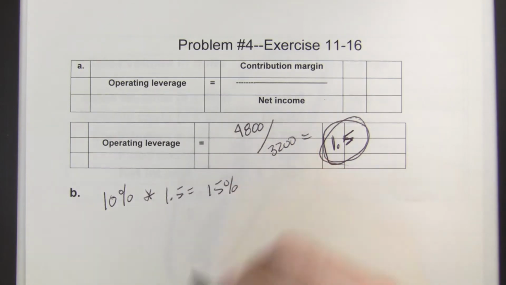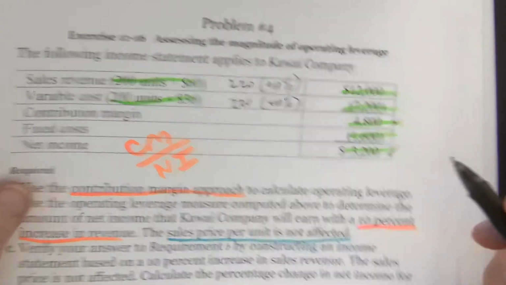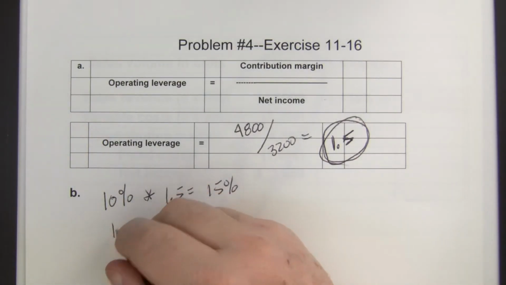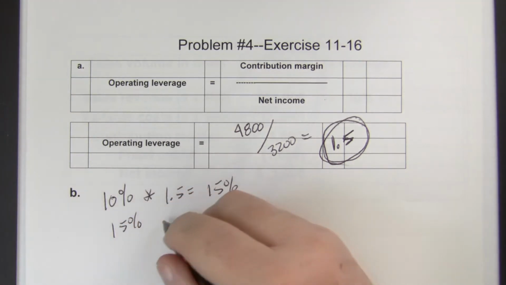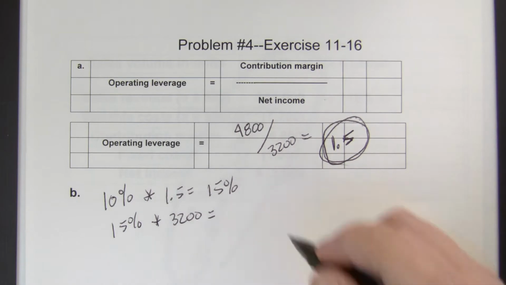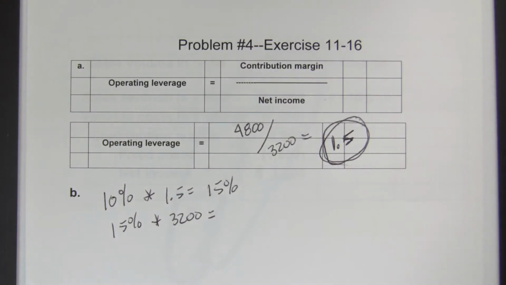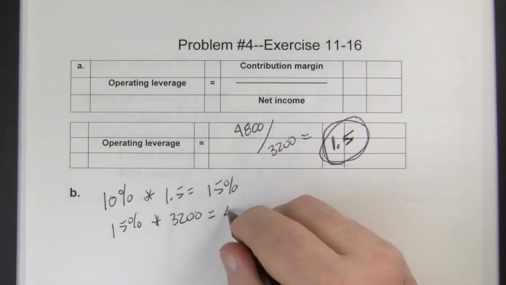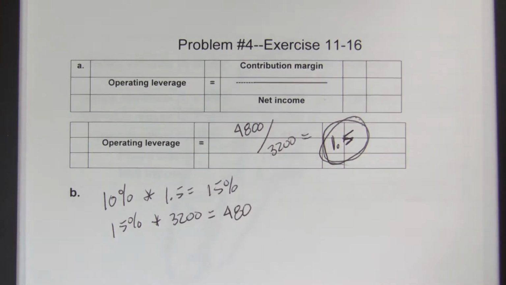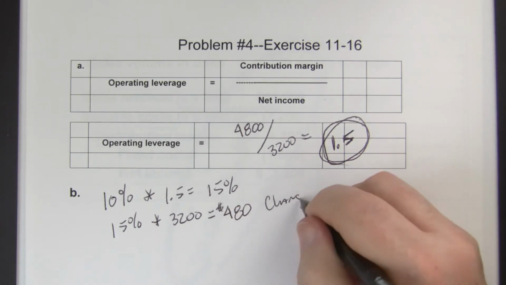It's 15%. Take our 15% of 3,200 and we come up with $480. So our income will change $480. That will be our change in our net income.